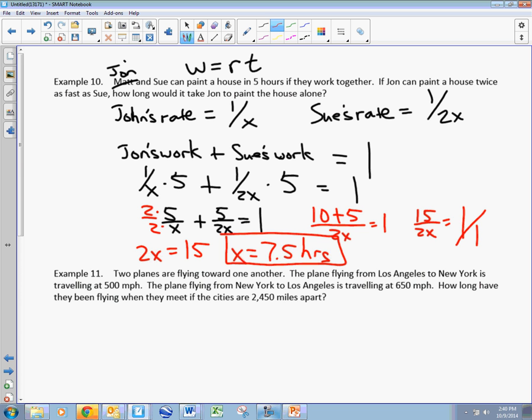Because we solve for x, and when we look for where x came from, 1 over x. So that's the way we set it up. Some people would set up Sue to be x, then John would be 1/2 x. But then you have a 1/2 in the denominator, and that kind of confuses. So everybody's different how they set it up.